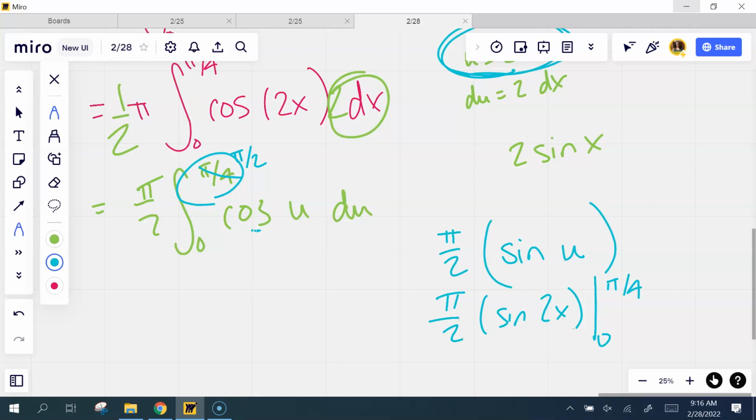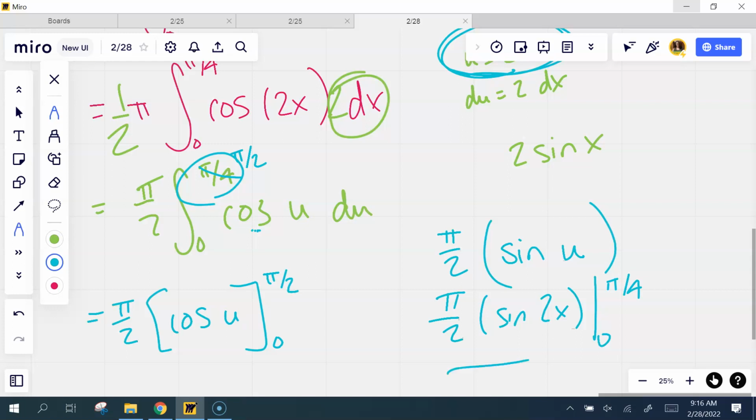Or, the other way, cosine u from 0 to pi over 2. Both of those will give you the same thing. But you have to take your u sub into account when you have a definite integral.